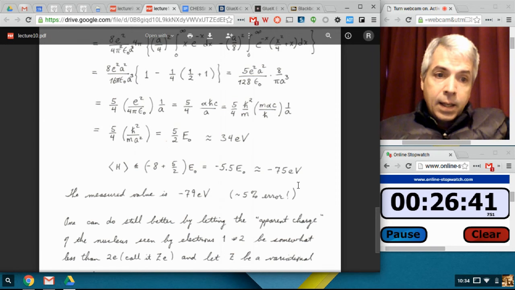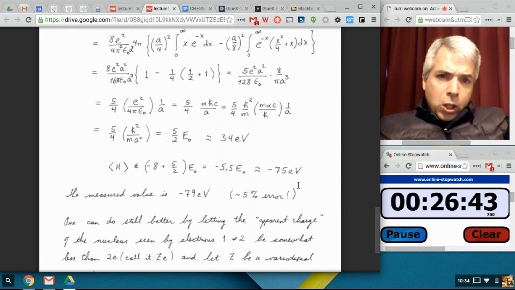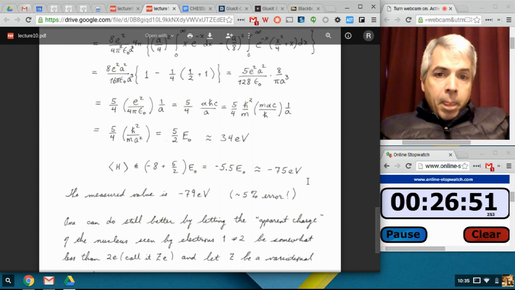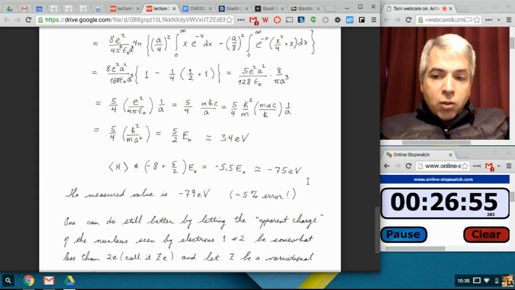Now, there's a way to use this a little bit more powerfully than the way I showed, because here I didn't have a variational parameter, did I? I just sort of naively assigned a frozen wave function form.